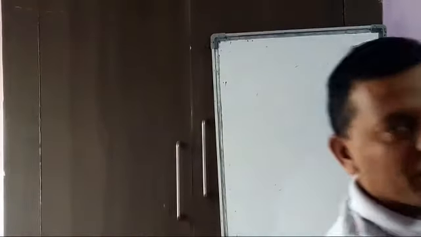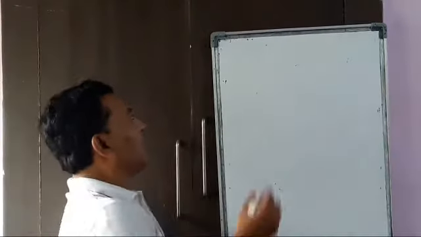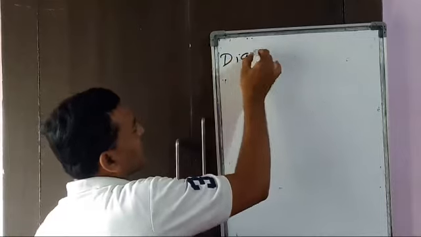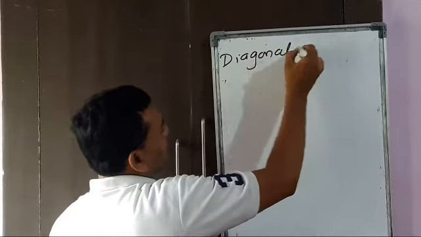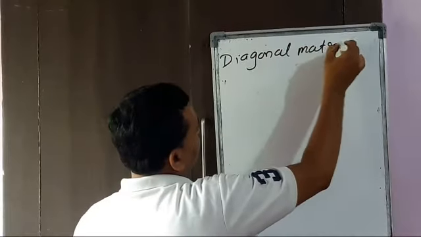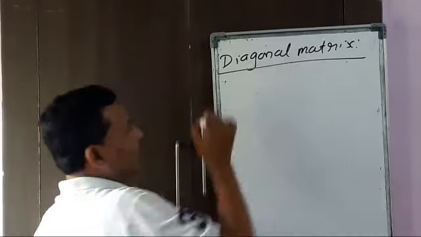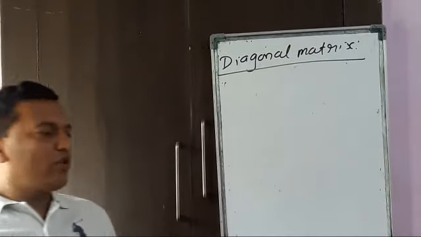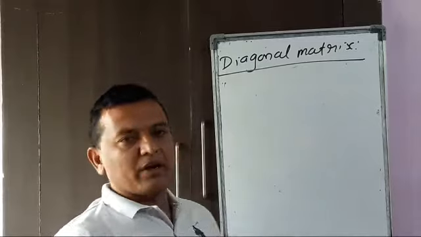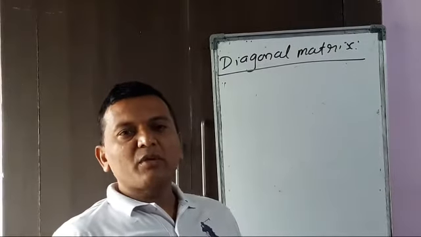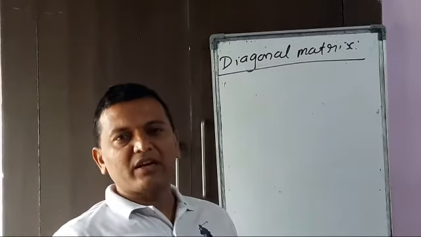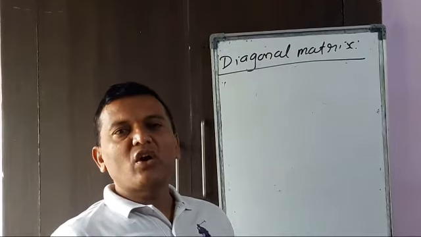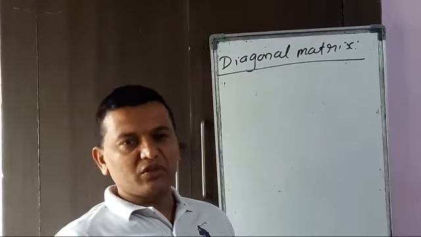The next matrix we are going to discuss is very important in terms of definition, that is the diagonal matrix. Basically you should know a diagonal matrix is a square matrix, or we can say a square matrix is said to be a diagonal matrix if all its non-diagonal elements are 0.